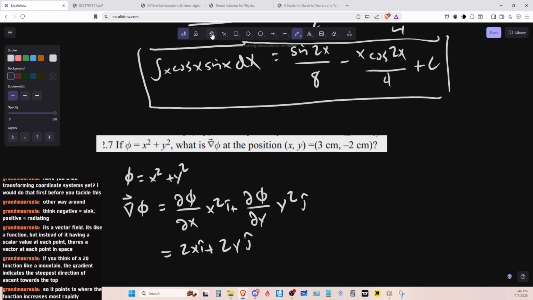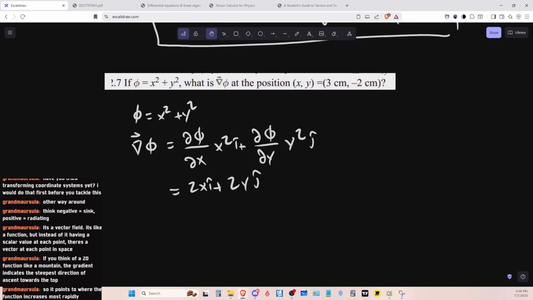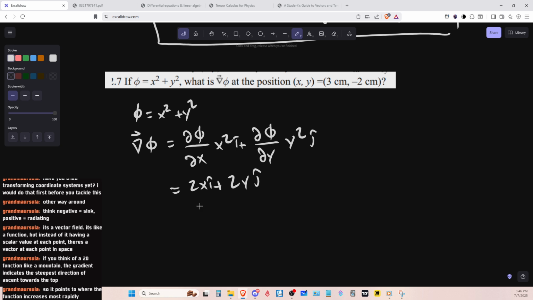So, I think the i and j there is necessary, because then we have 3, which would lead us to 6i plus, oh, this should be negative. So negative 4j.